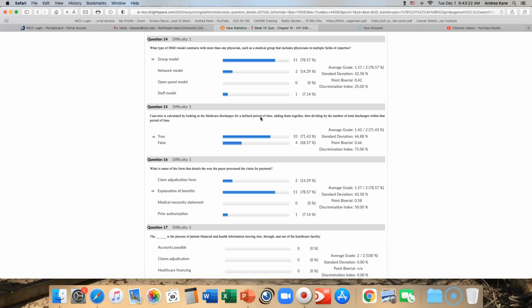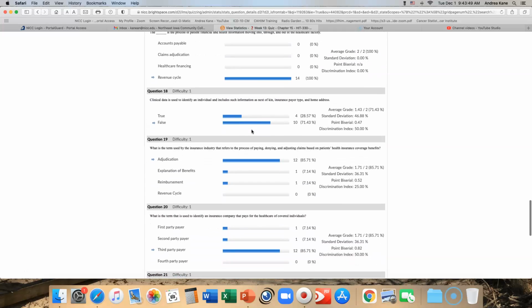The CMI is calculated by looking at the Medicare discharges for a defined period of time, month, quarter, year, adding them together, then dividing by the number of total discharges within that period of time. So that is the definition for case mix index and where you can find it. We will talk more about case mix index as we go on, but it is an important definition to have under your belt.